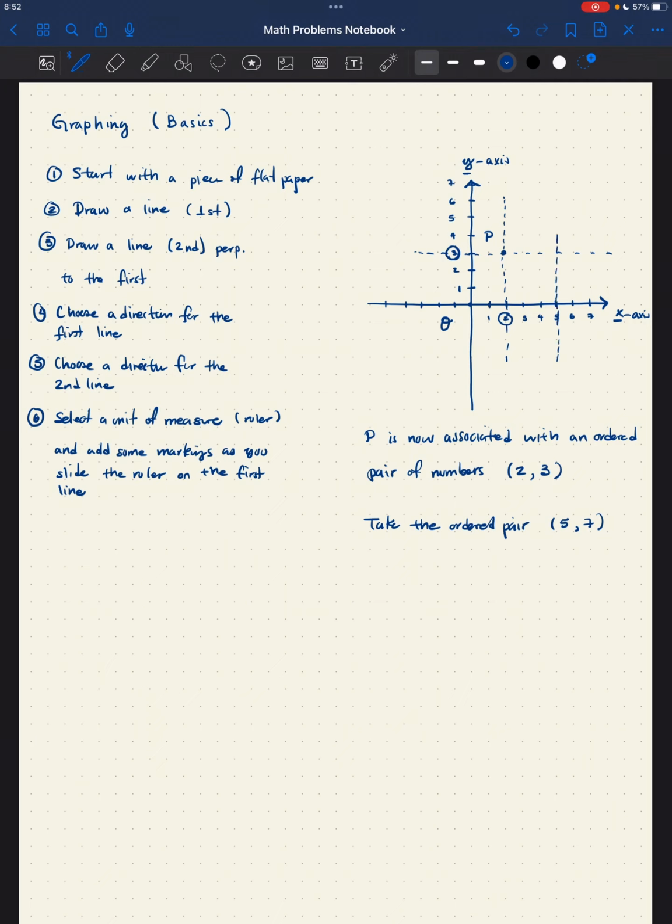Okay? Well, that completes that part. Then I'm going to draw a line that is perpendicular to the y-axis, the second line, that passes through the label 7. Okay, so I'll do it here. These two lines have a point of intersection, that one, that I'm going to call Q.